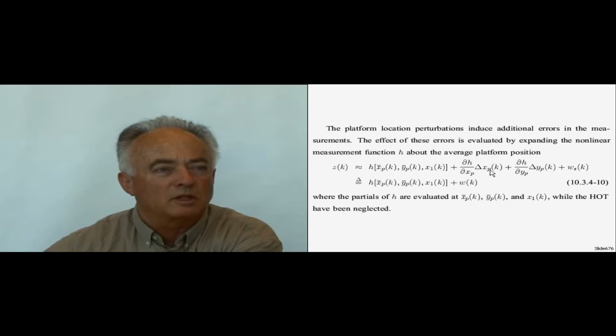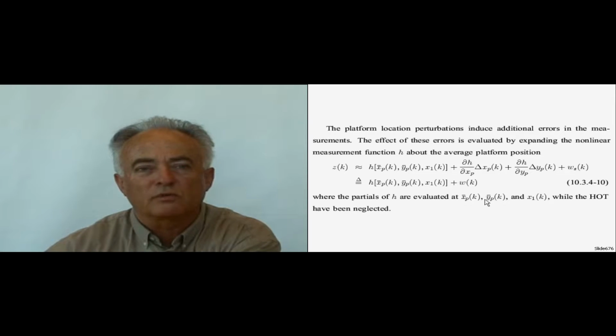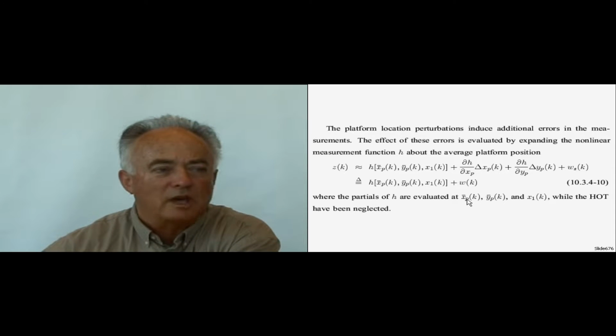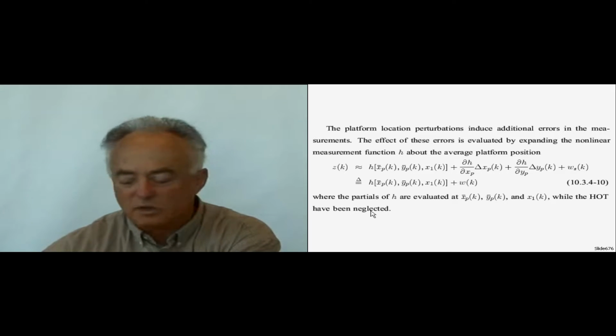Delta xp, delta yp is platform position, and ws is sensor, which are all lumped into an equivalent wk, the overall error in the measurements. And these partials obviously will have to be evaluated at our best known location for the platform, which will be xp bar, yp bar. And higher order terms have been neglected here.